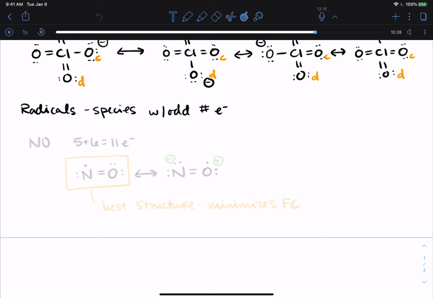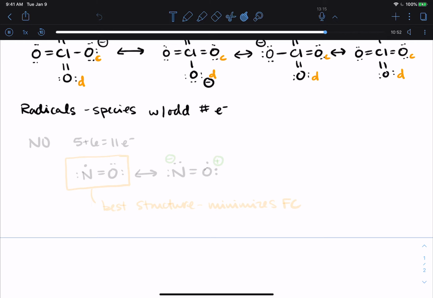I just essentially want you to have a warning that if you have an odd number of electrons, you won't be able to pair all of them up. So you're going to have some atom that has a single electron on it, and you'll still have to pick the best Lewis structure here. But the rules that we have already will let you pick that best structure.